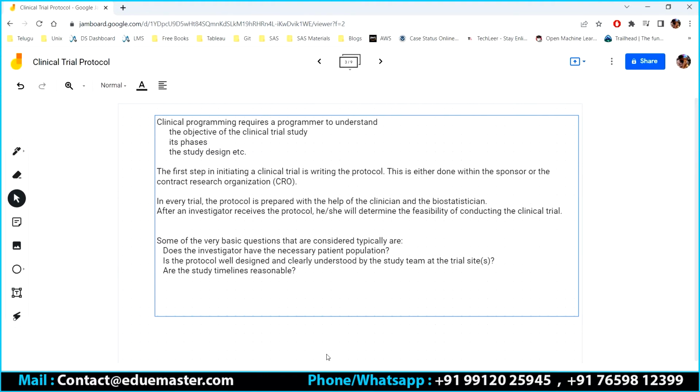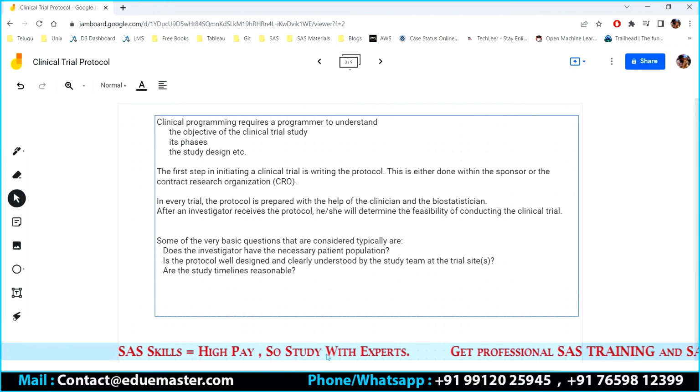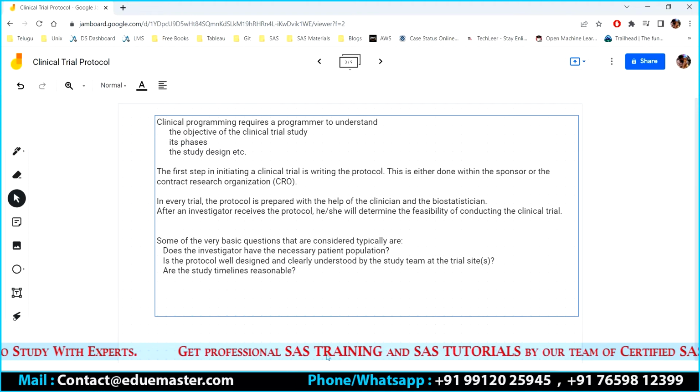Check whether there is any history of a drug which helps increase the height of a person. So like that, I need to check the feasibility first. First of all, is it practically possible or not? Once we understand, at a very high level, that carrying out this particular clinical trial is feasible.